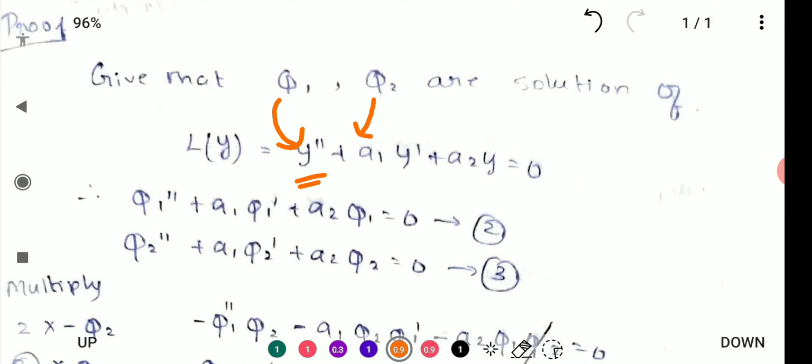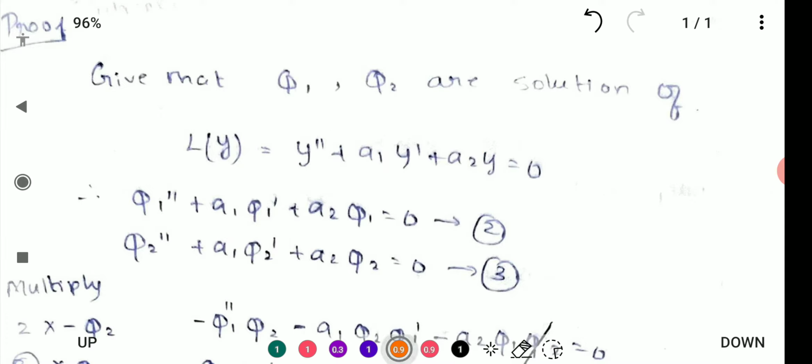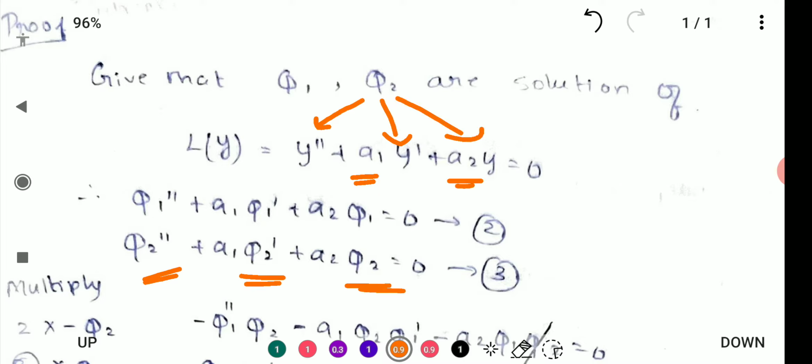As different equations, we get phi1 double dash plus a1 into phi1 dash plus a2 into phi1 is equal to 0. After that we substitute phi2 instead of y, so phi2 double dash plus a1 into phi2 dash plus a2 into phi2 is equal to 0.